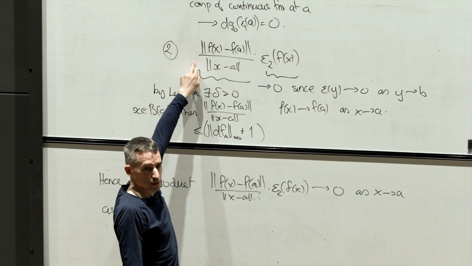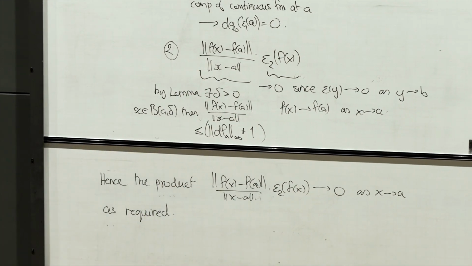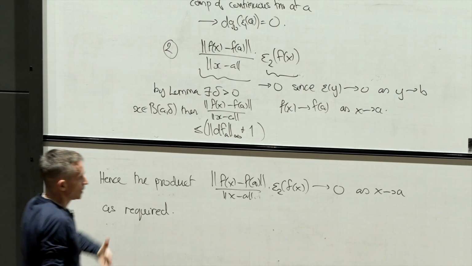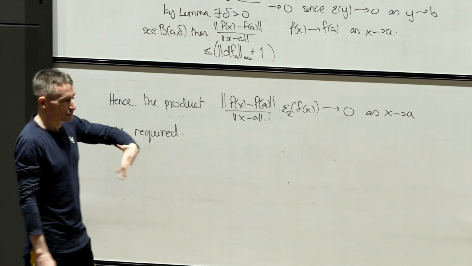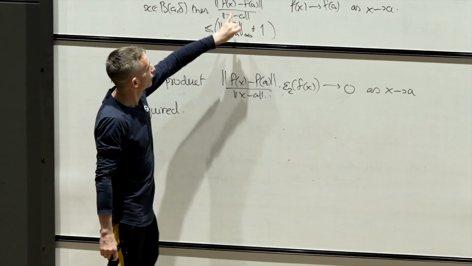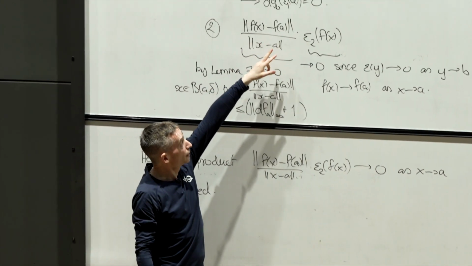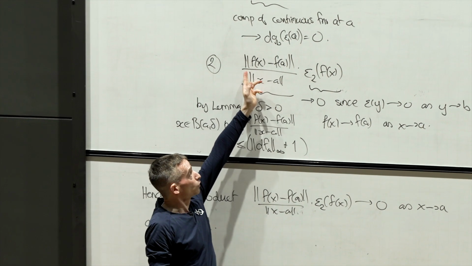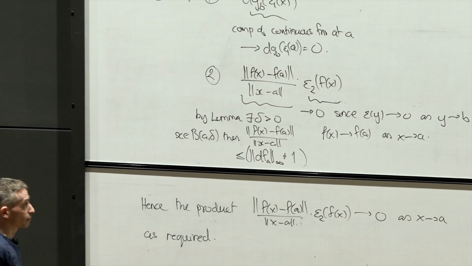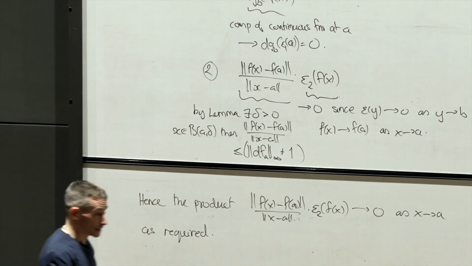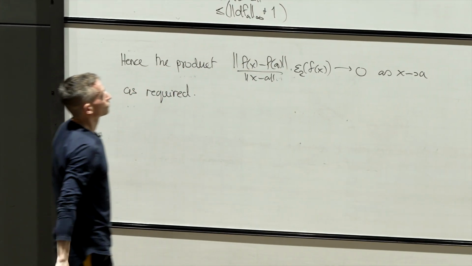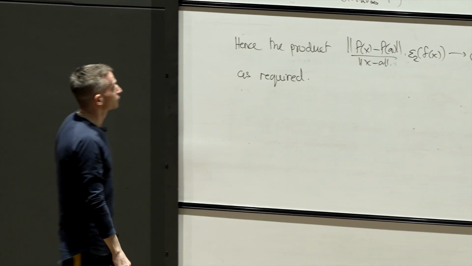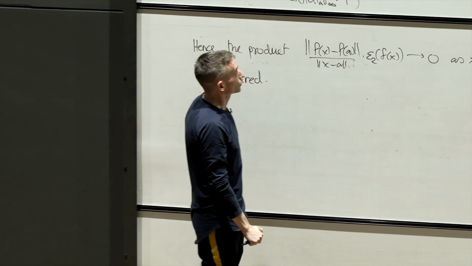But for the other term, you really need to use the argument that showed you that the derivative existing implies continuity at the point, and in fact implies something a little bit better than continuity. If f is continuous at a, it's not the case that the norm of f of x minus f of a divided by the norm of x minus a has to stay bounded. Just take the square root function in the single variable case, and it's not true.